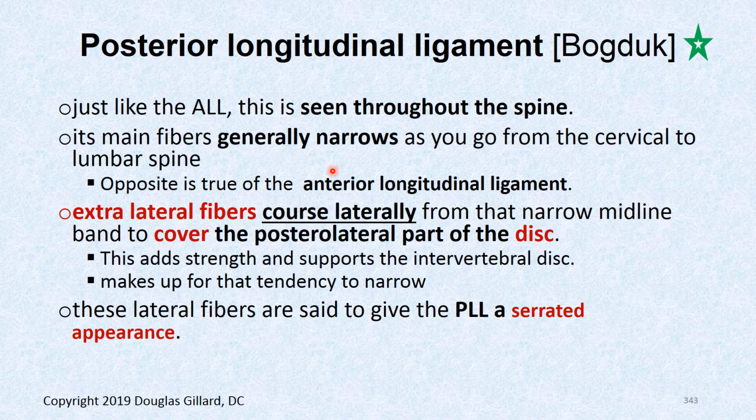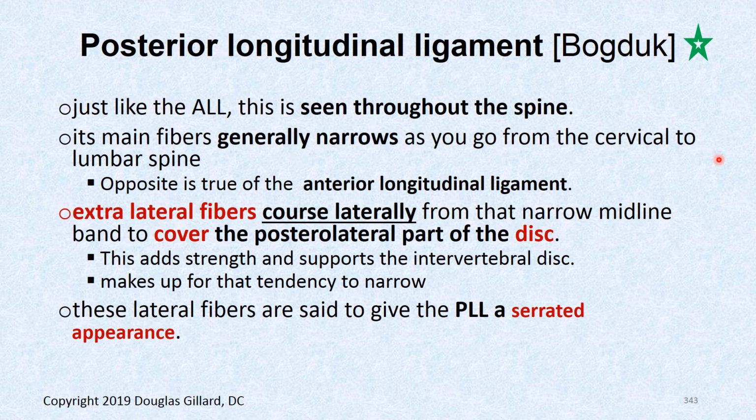All right, let's go to the posterior longitudinal ligament. Just like the anterior longitudinal ligament, it's seen throughout most of the spine, but its fibers generally narrow as you go down. Remember, the width of the fibers gets narrower in the anterior longitudinal ligament as you go up from the lumbar to the cervical, but just the opposite for the posterior longitudinal ligament.